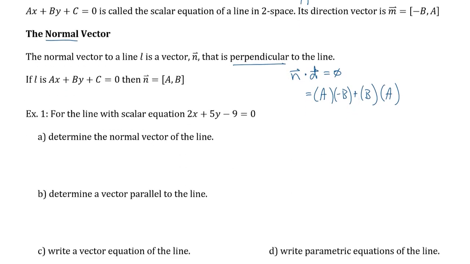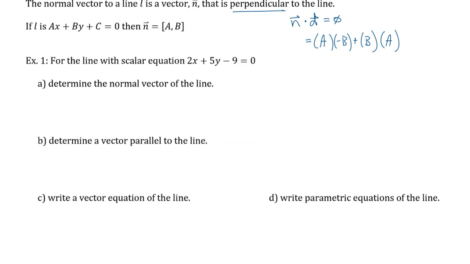So let's do an example for the line with the scalar equation 2x plus 5y minus 9 equals 0. Determine the normal vector of the line. So normal is just going to be 2, 5, right? What if it said determine a normal that's a unit vector or something like that? Again, we can add different levels to this. Just because those are the coefficients 2, 5 doesn't mean that has to be a unique normal.